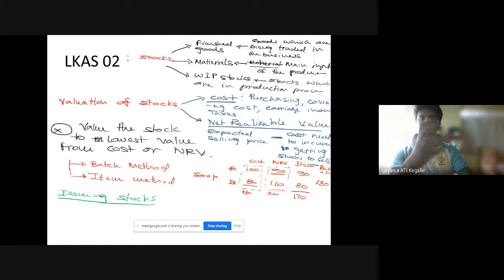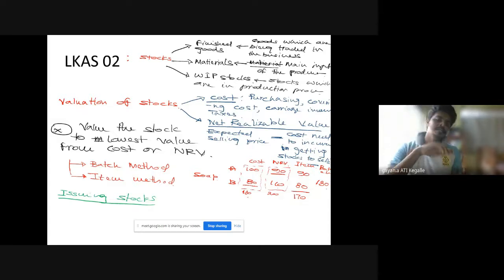Just we are assuming that we are issuing the first received items early. In the LIFO method, we are assuming that the most recently included items we are issuing early. Okay, that's all. FIFO ක්‍රමයේදී ඉස්සෙල්ලාම ආපු එක ගිහින් තෝරලා දෙනවා කියලා එකක් නෑ. Just when we are recording we are assuming that.